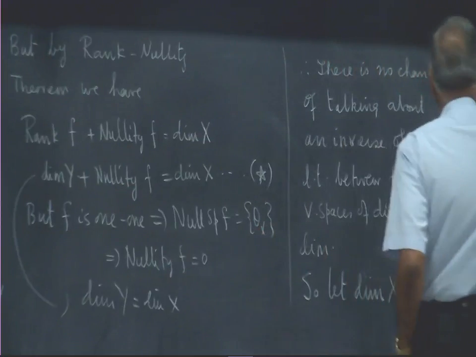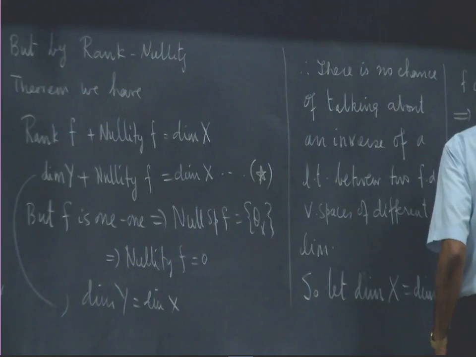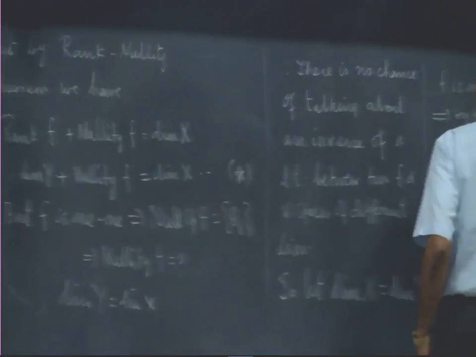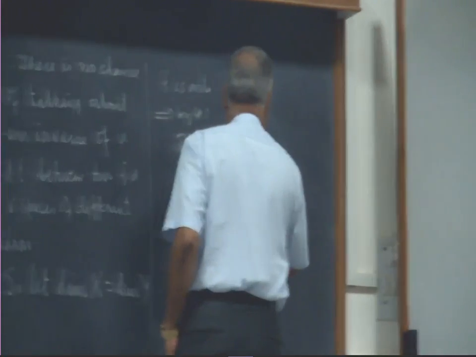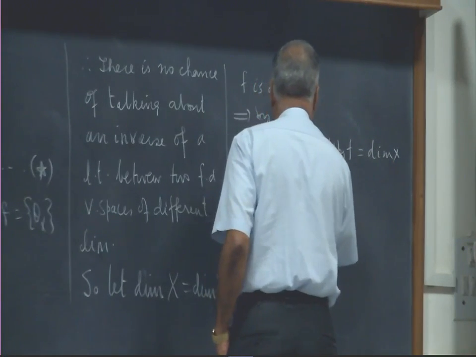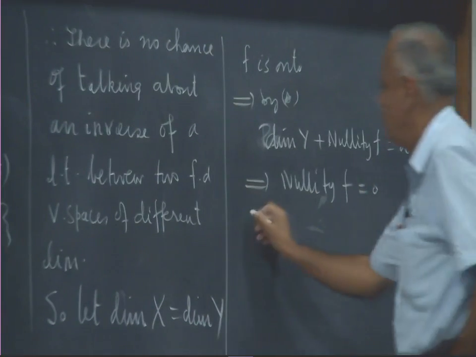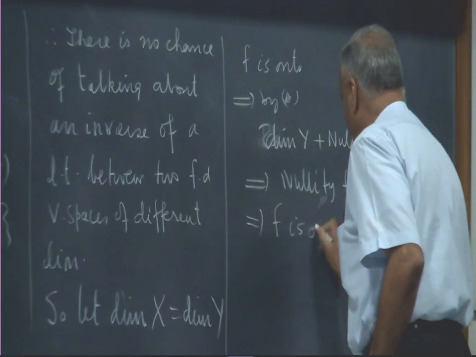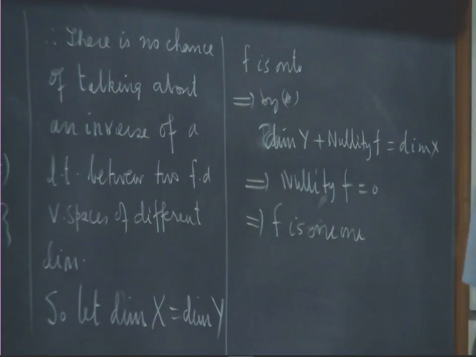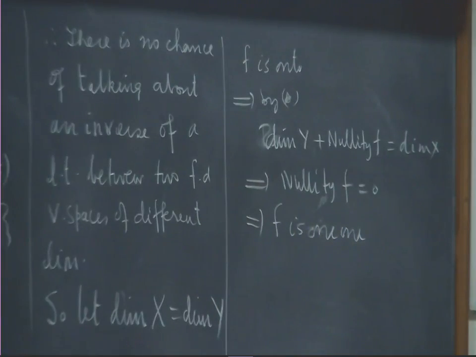So if F is onto, it implies by star, rank F, or the dimension of y, plus nullity F is equal to dimension x, which implies nullity F is 0, because now dimension x is equal to dimension y. That says F is 1-1. Right? So onto means 1-1.